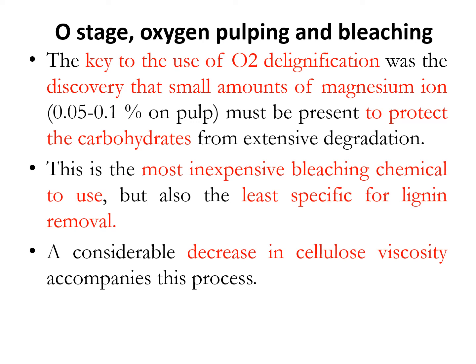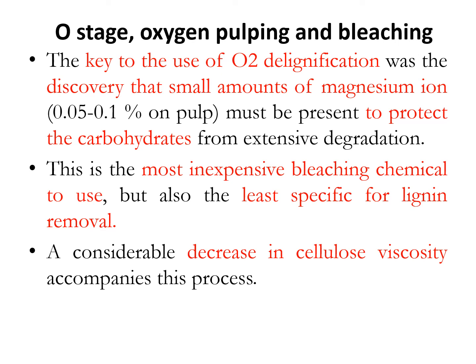Now the key to using this O2 delignification was found after the discovery that a small amount of magnesium ion must be present to protect the carbohydrate from extensive degradation. This is the most inexpensive bleaching chemical to use, though it is least specific for lignin removal.